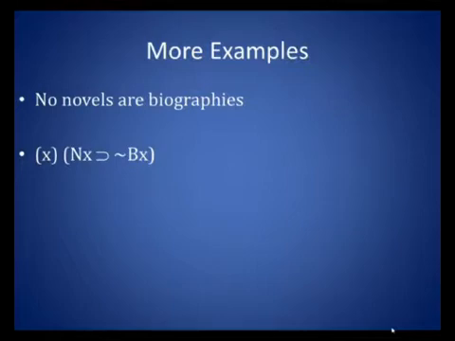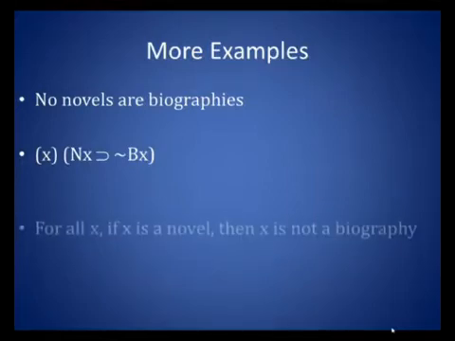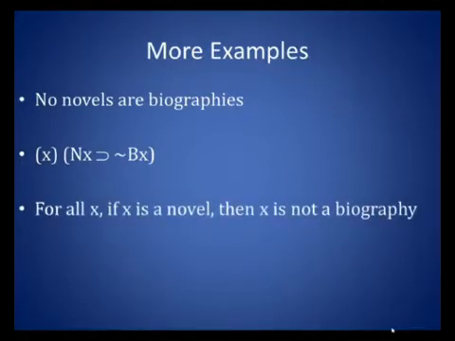Okay? So we're going to put a universal quantifier on there, and then we're going to use capital N for novels, capital B for biographies. My negation, of course, has to be in there because I'm telling you no novels are biographies. Now, it might seem a little counterintuitive at first. You might think that you should be putting in a negation in front of novels, but you're not.